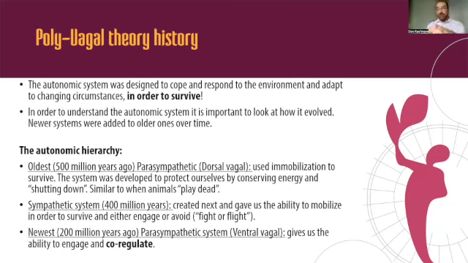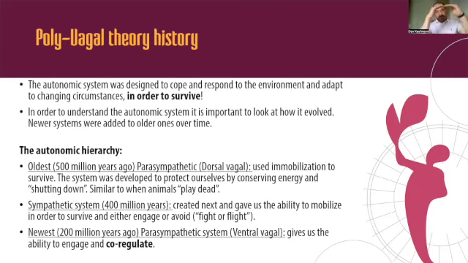For example, if we're in a group of deer and one of them is sensing danger, the rest of the group are able to identify, based on co-regulation, what one of the members of the group has felt, and so they're able to sense this danger themselves. So the ability to co-regulate, to be social and to feel what other people are experiencing in a group, is the newest form of the parasympathetic system, and that is the ventral vagal that we're going to talk about.